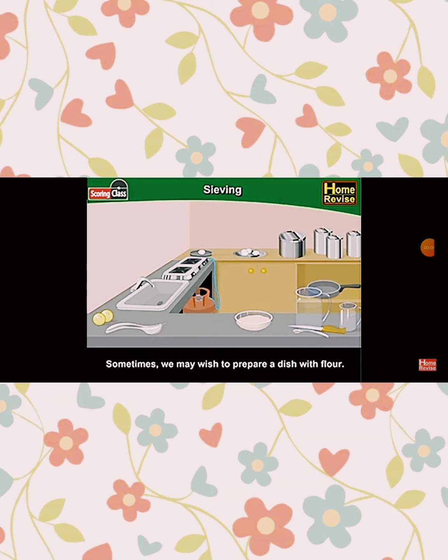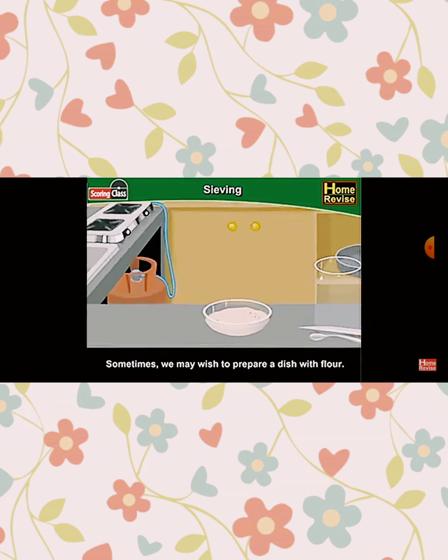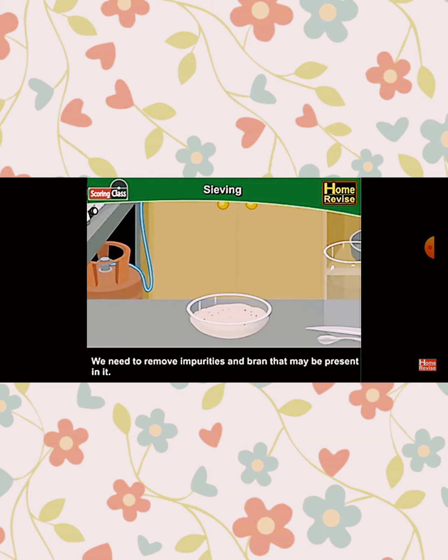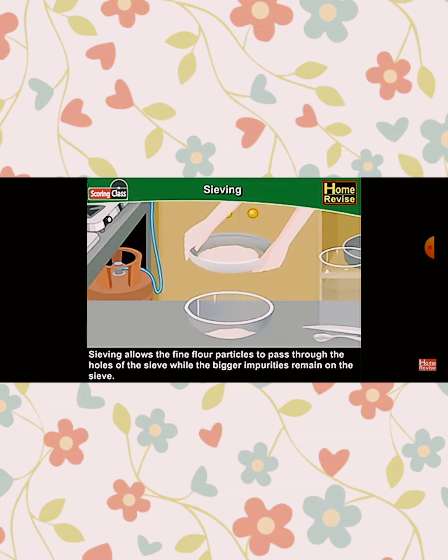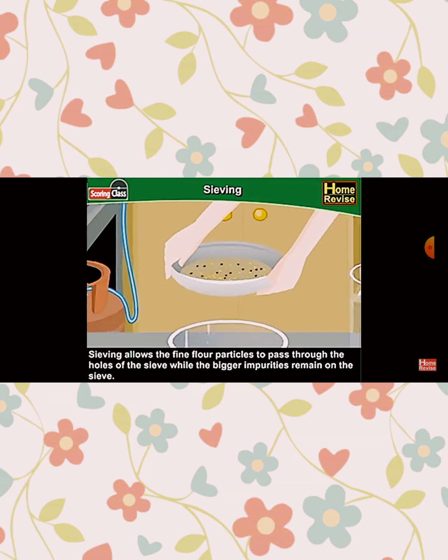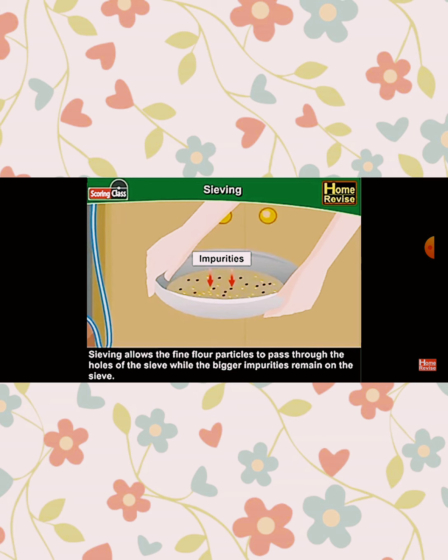Sometimes we may wish to prepare a dish with flour. We need to remove impurities and bran that may be present in it. What do we do? We use a sieve and pour the flour into it. Sieving allows the fine flour particles to pass through the holes in the sieve, while the bigger impurities remain on the sieve.